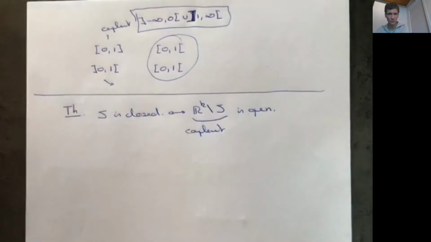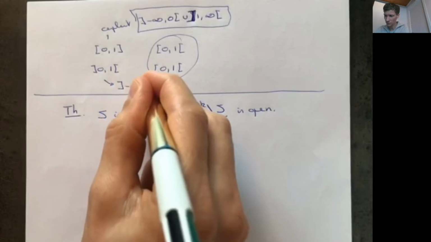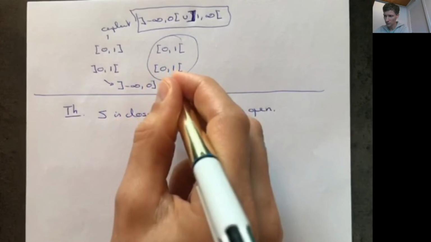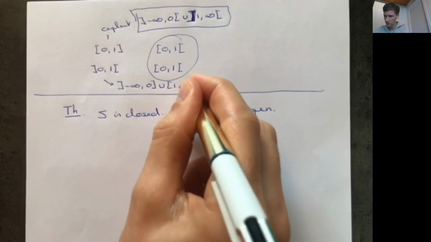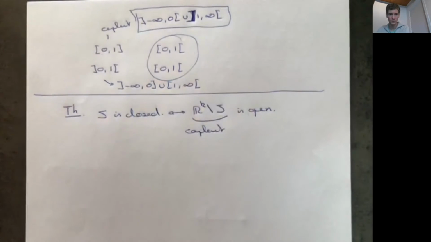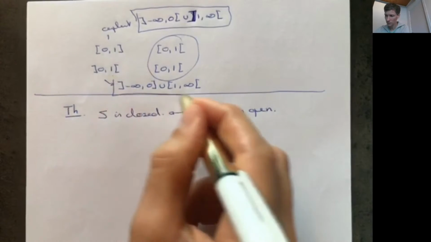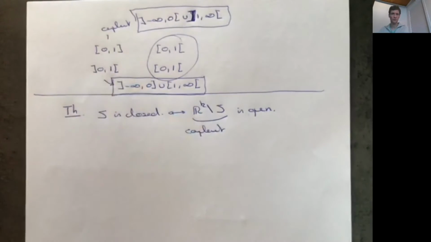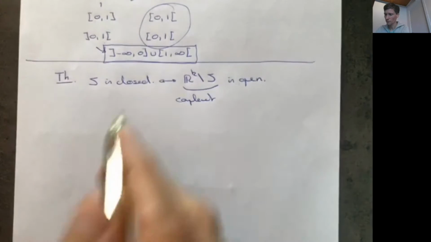If you take the complement of this, then we have everything from -infinity to 0 union everything from 1 to infinity. So if this is open, then this theorem says that this set is closed. And vice versa. Good, so let's try to show this theorem.